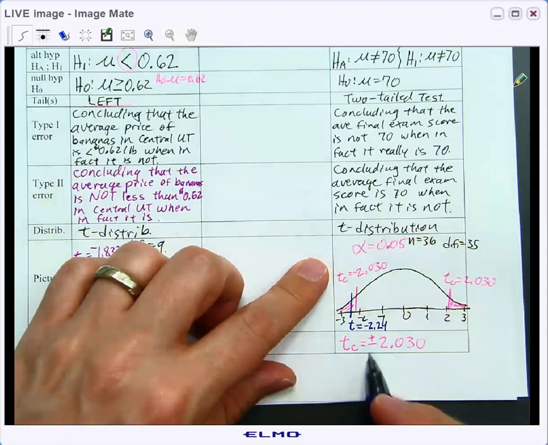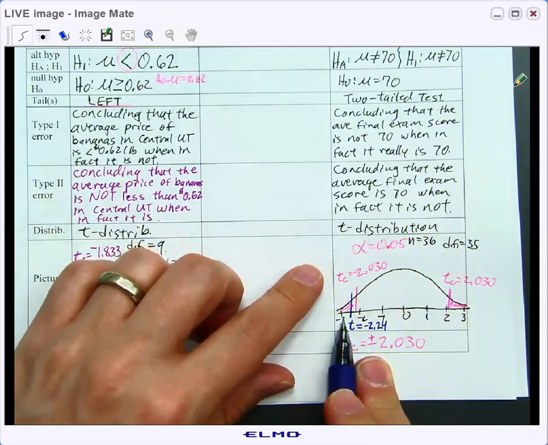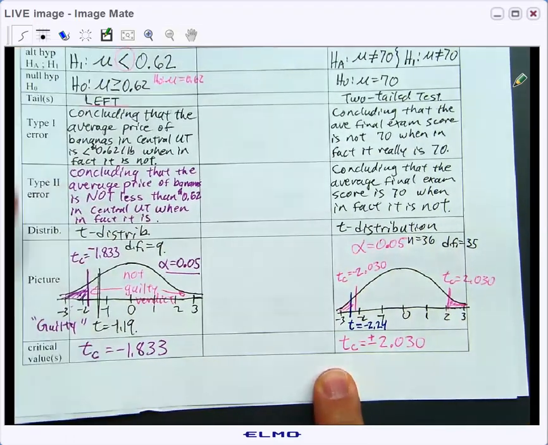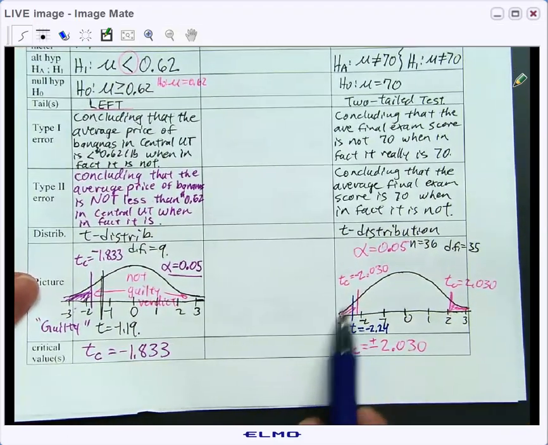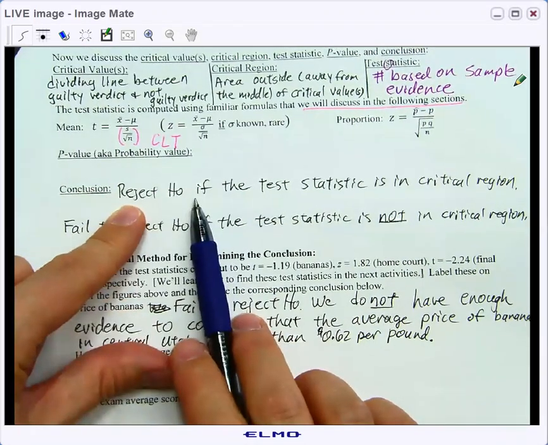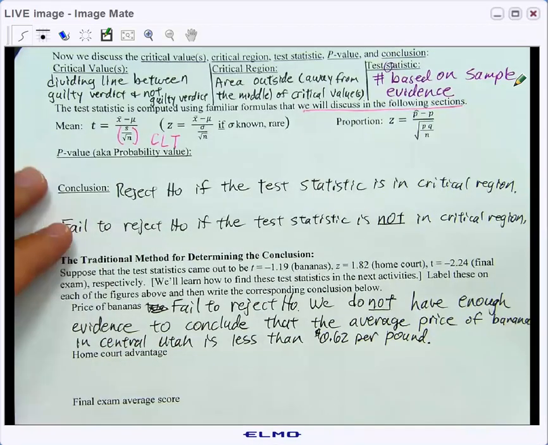And that is inside of our critical region. And as we saw last time, if you're in the critical region with your test statistic, you're in the guilty verdict region, we will come back and reject H naught and give a real world conclusion.